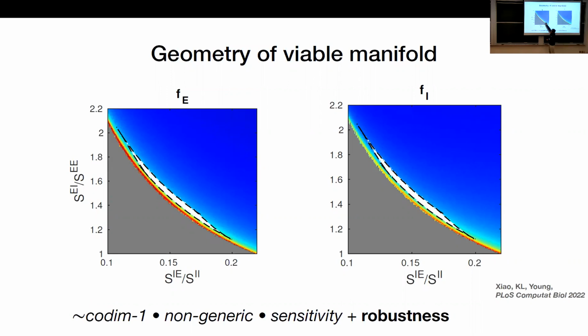And the reason that we get a neighborhood of a codimension 1 set is because E and I track each other. Those 2 things are in some sense not that independent. This also explains why the dynamics is in some ways pretty robust. If you vary 1 parameter at a time, then it's very easy to fall off the manifold. But if you get to vary 2 or more, then it's not that hard to stay on it.